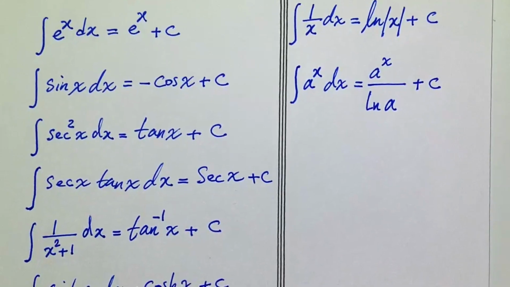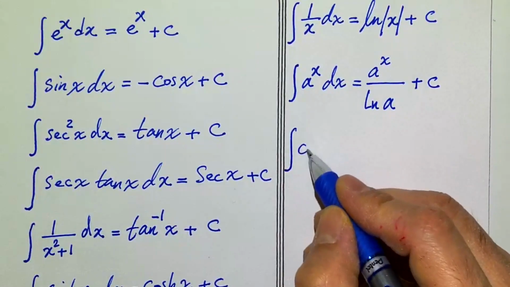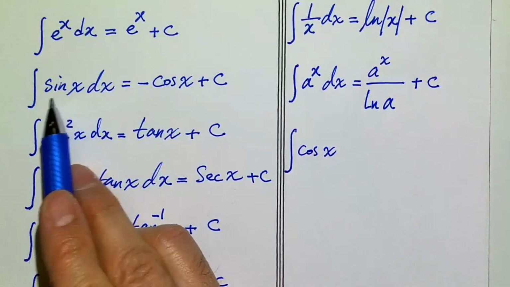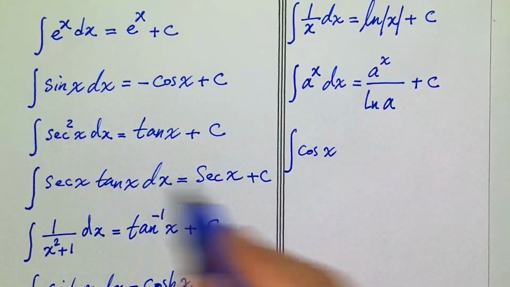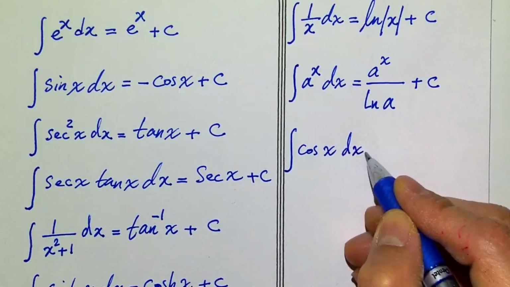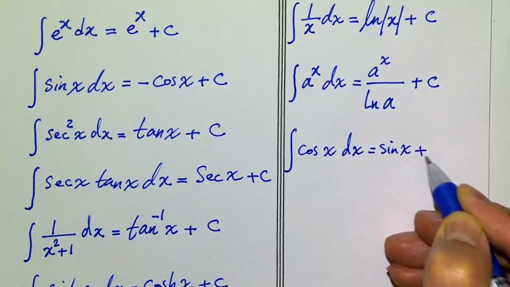And then another integral would be the integral of cosine of x. We talked about the integral of sine of x, but not this, but this is just as easy. The integral of cosine of x dx is equal to sine of x plus c.